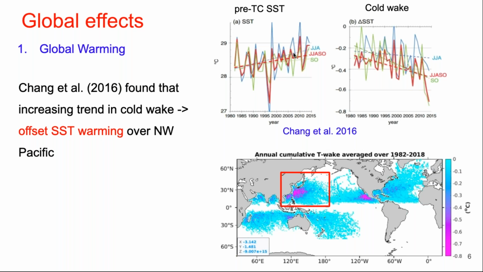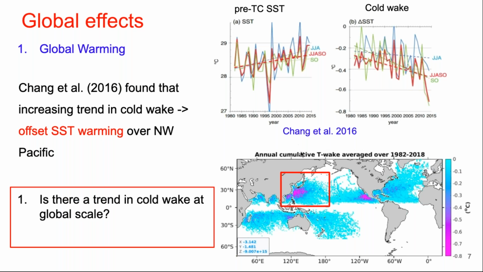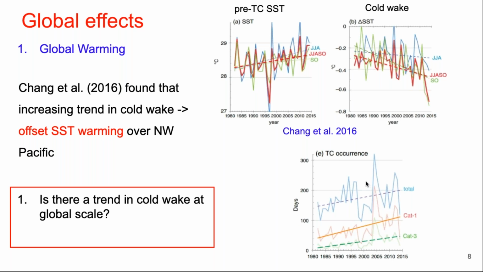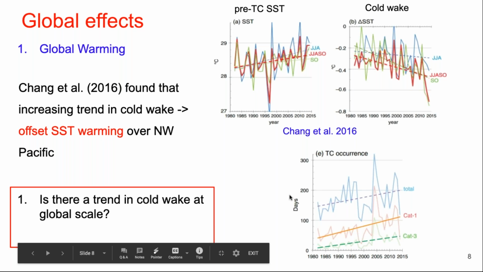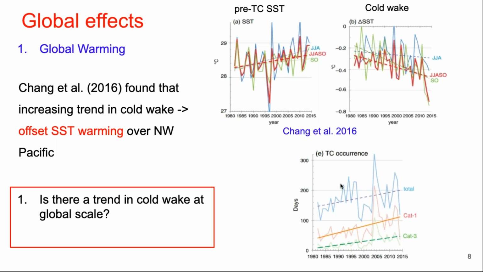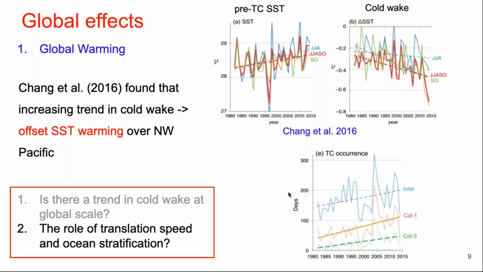So from here we have a question: there is a cold wake trend over the northwestern Pacific, so how about at the global scale? In their study, they explain the cold wake trend by showing an increasing trend in the total time of wind at different categories. However, they didn't mention other possibilities, for example, translation speed or ocean stratification.